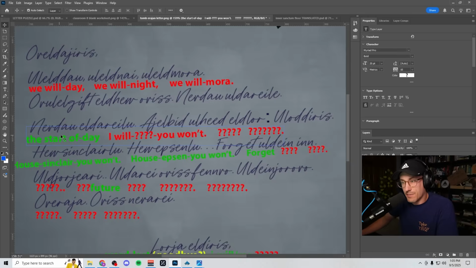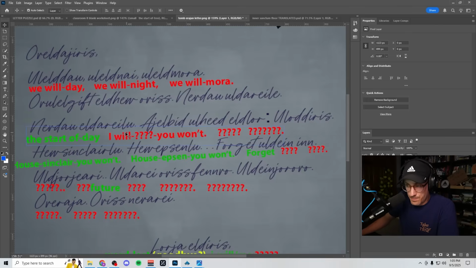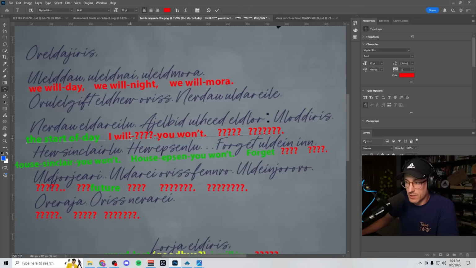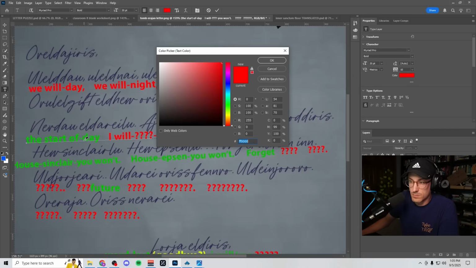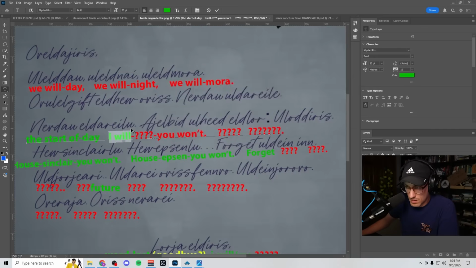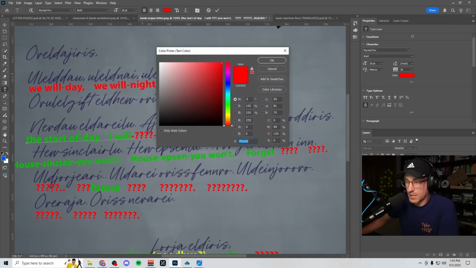Is it an R or is it a V? Because the other thing is that I can't really read the difference sometimes between these R's and these V's. I read that as I will blank. Yep, this part is green. But then it also ends in Lu, which is you won't. Okay, which I think I have.